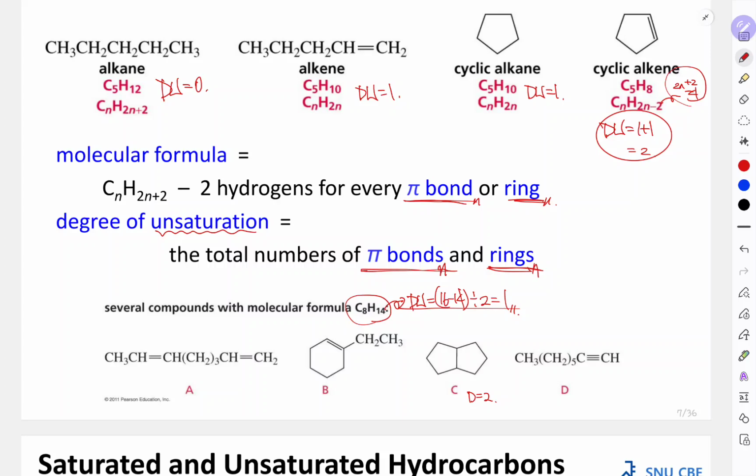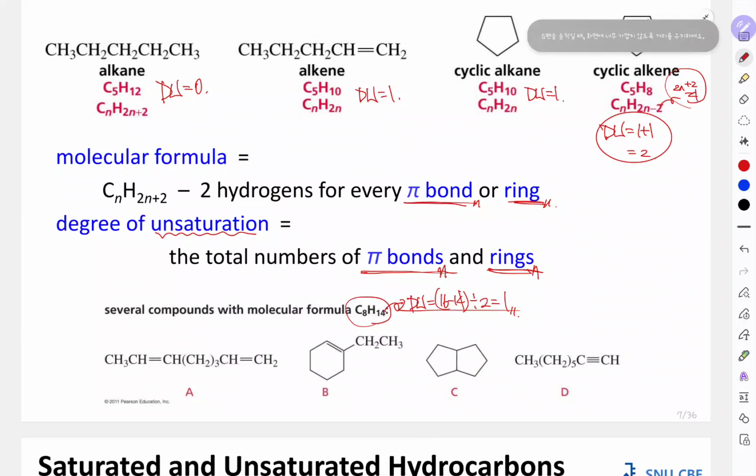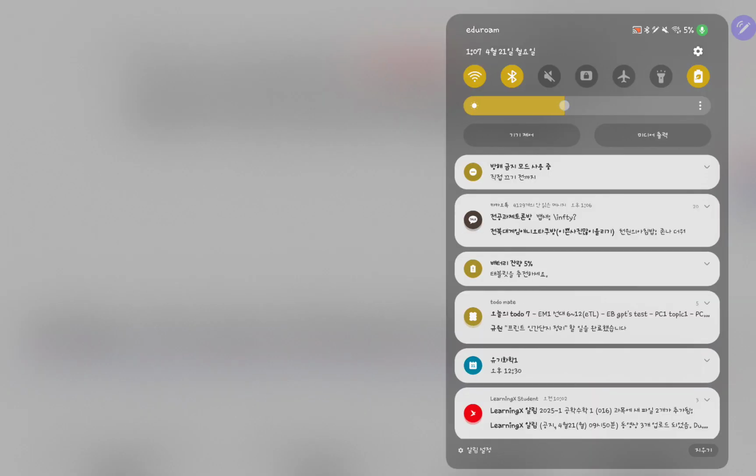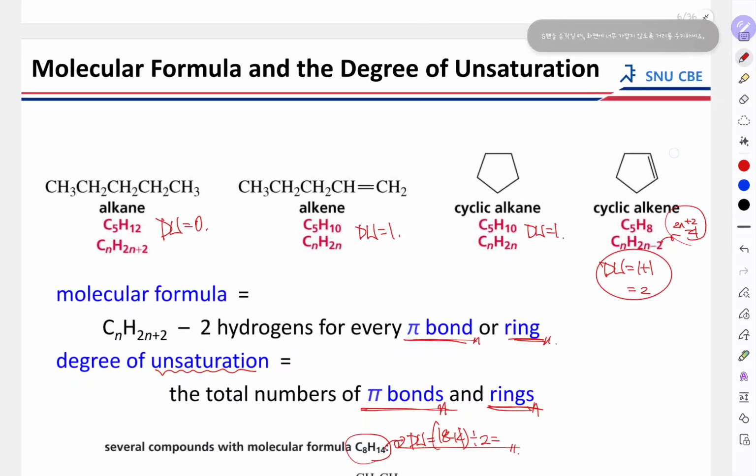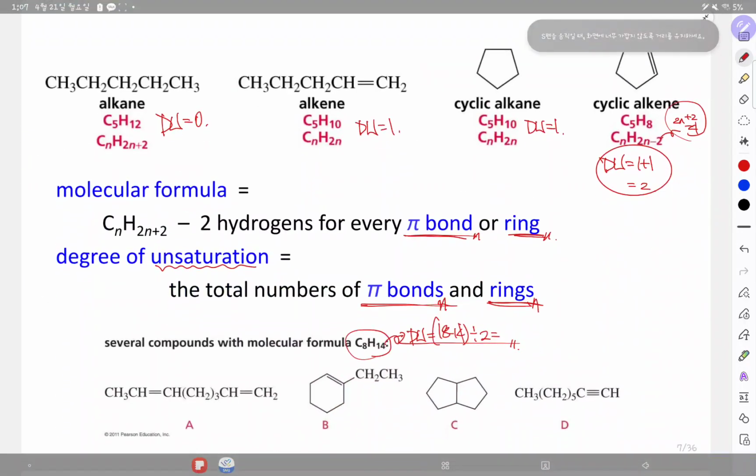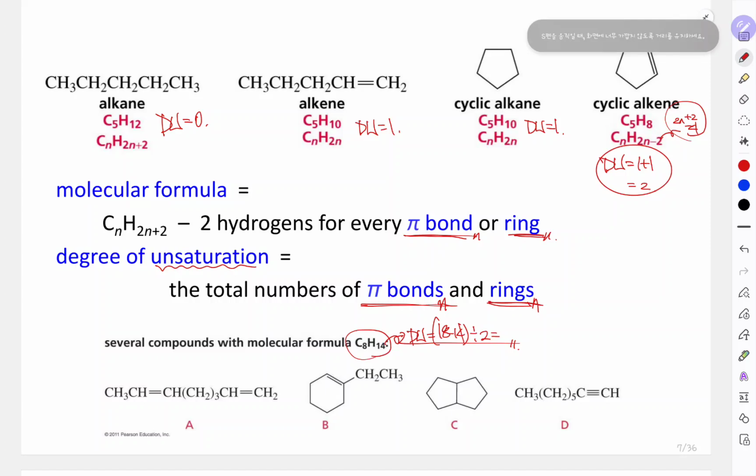To satisfy this number, you can think about all different possibilities. You may have 2 double bonds, or 2 pi bonds, or you may have 1 ring structure and 1 pi bond. You can have 2 ring structures. And in this case, you can also have 1 triple bond. A triple bond has 2 pi bonds, so you can count for 2. DU of 2 with 1 triple bond.